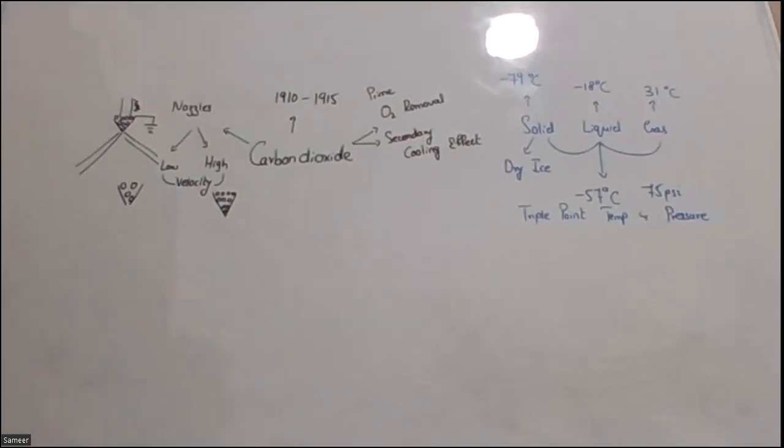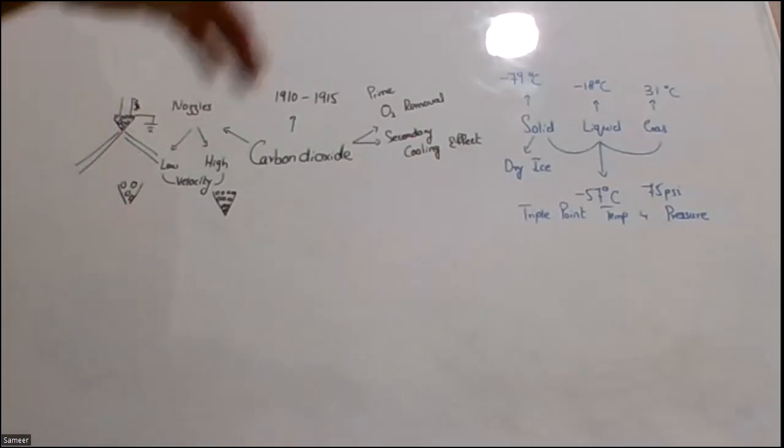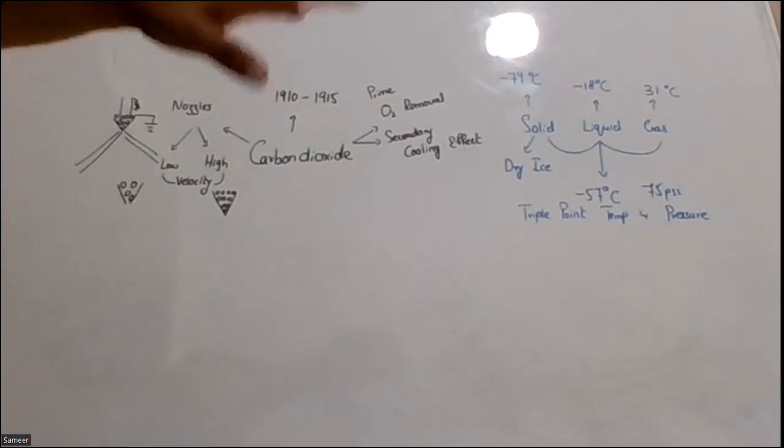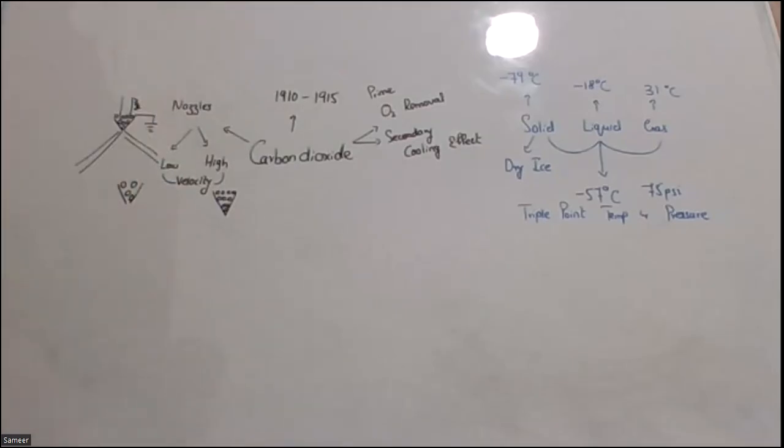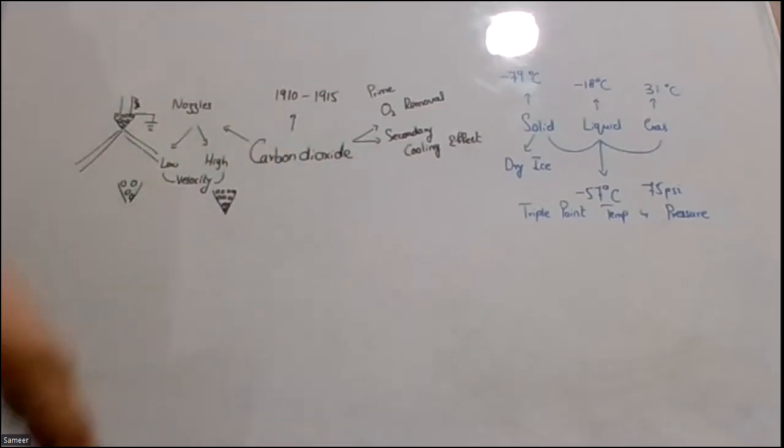Low velocity nozzles are used where the system is installed in a small area. When I have a large area, I want the gas to be discharged at such pressure that it delivers at the far end of the occupancy. With low velocity nozzles, the area is small and I want carbon dioxide just to cover the small area.